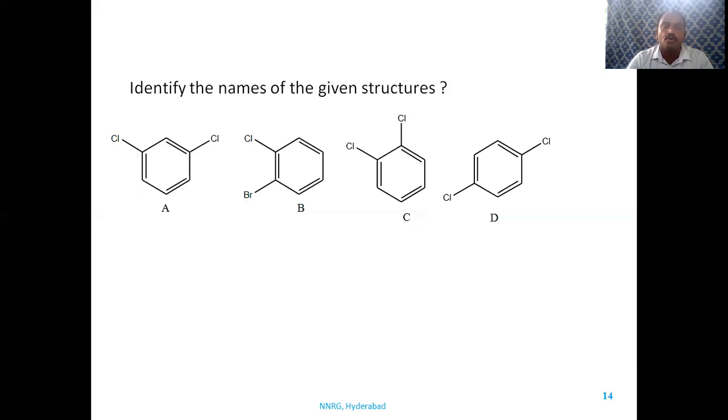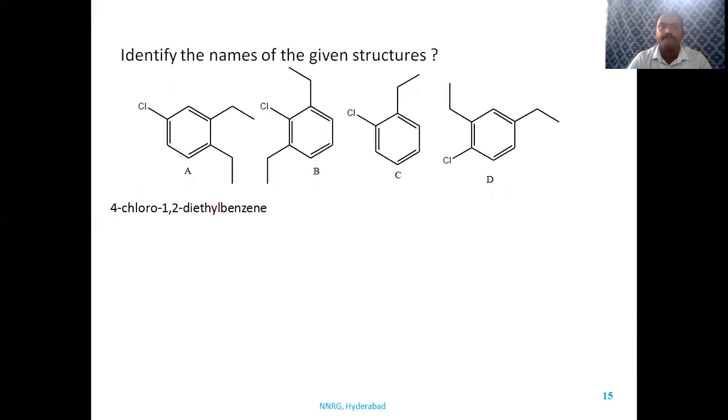So bromochlorobenzene, ortho-bromochlorobenzene, or 2-bromochlorobenzene. C is ortho-dichlorobenzene, and D we call 1,4-dichlorobenzene, or para-dichlorobenzene. So these are the names of the different molecules.